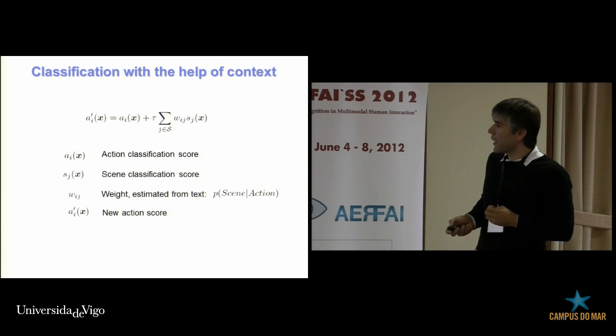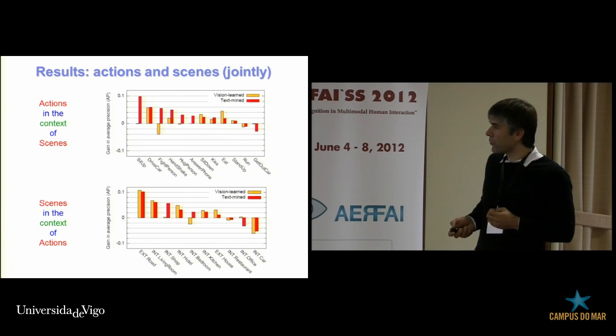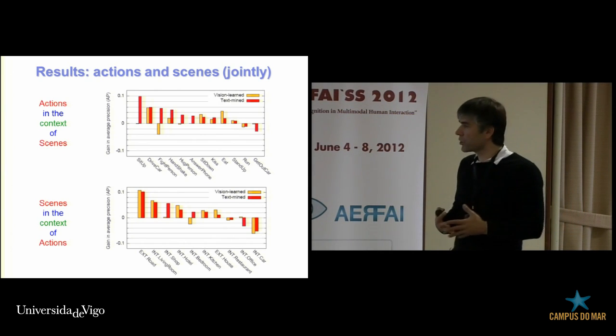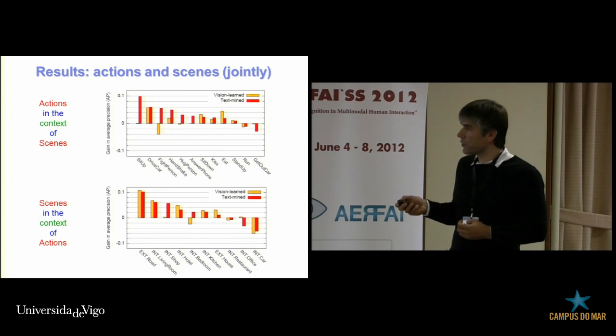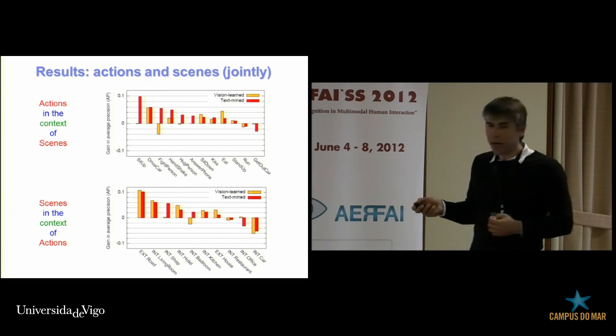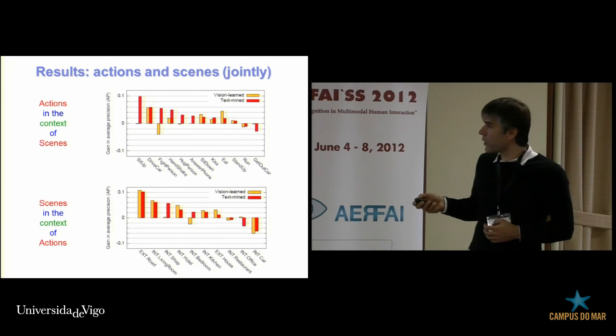What we observe is that if we combine action recognition with scenes, we can get up to 10% improvement in average precision for some actions, and on average maybe about 3%. But there are actions which benefit a lot from scene information.